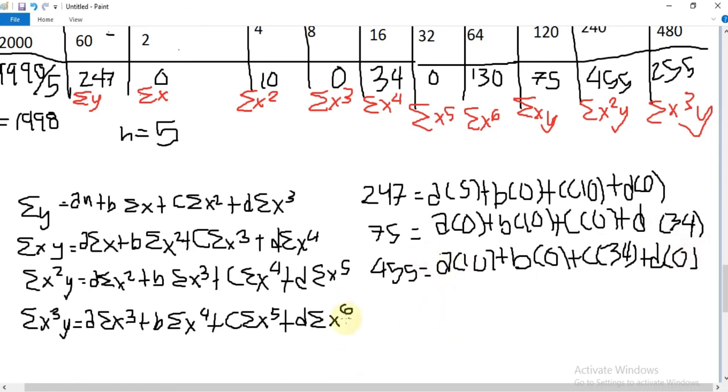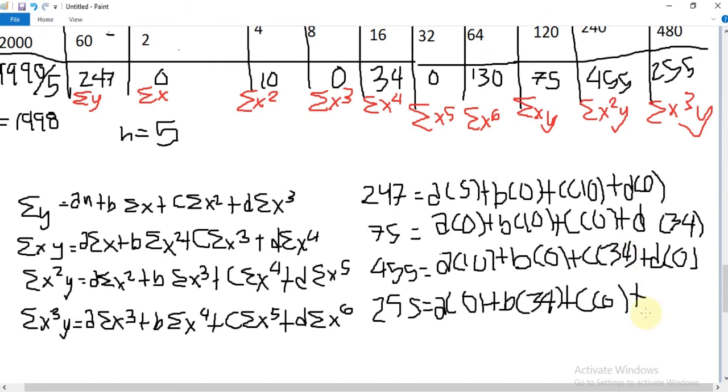The last one is the summation of x cubed times y, so 255, equals a times summation of x cubed, 0, plus b times summation of x to the power 4, 34, plus c times 0, plus d times summation of x to the power of 6, which is 130.